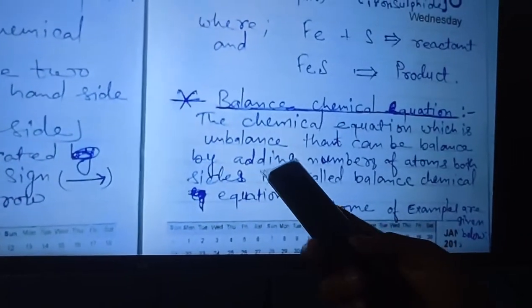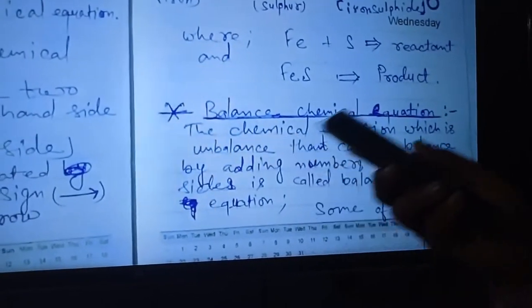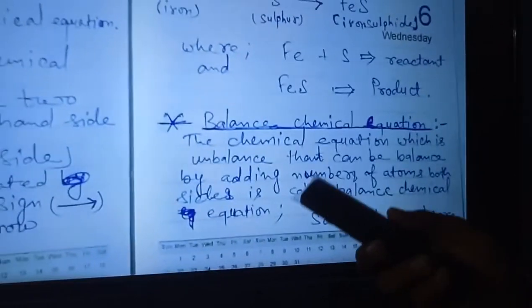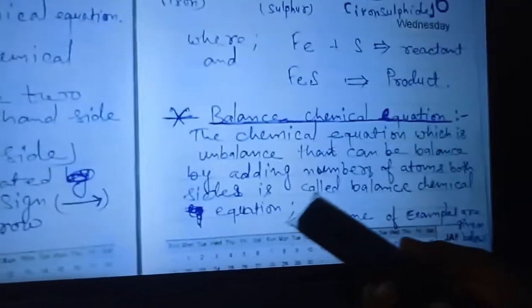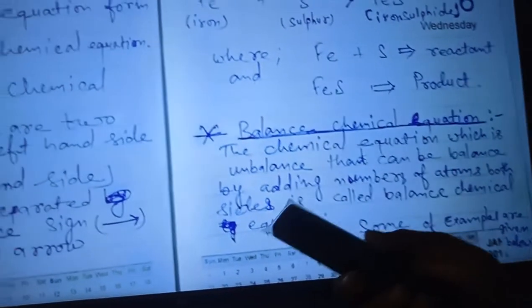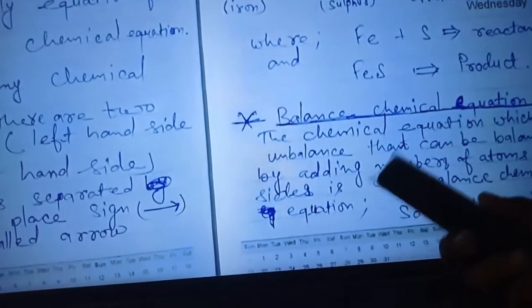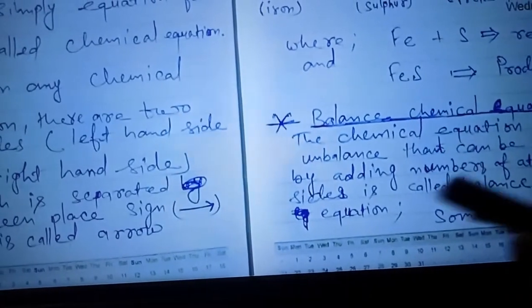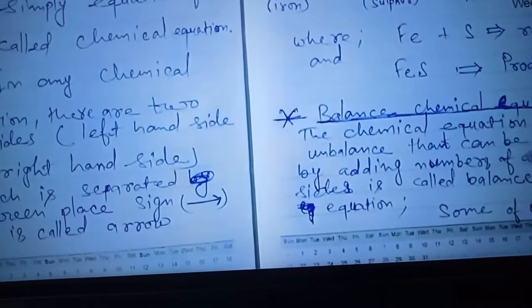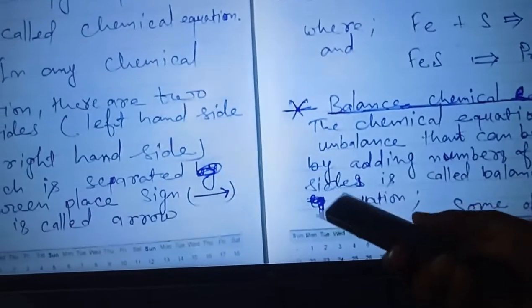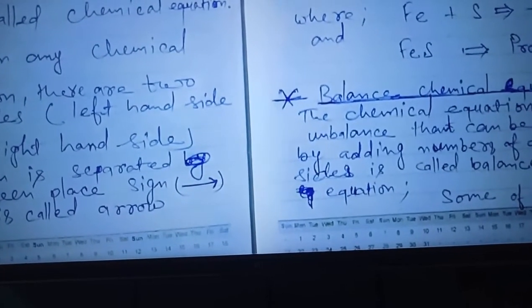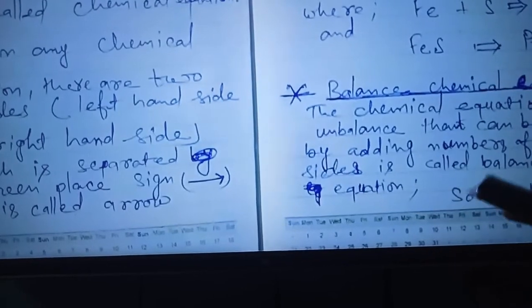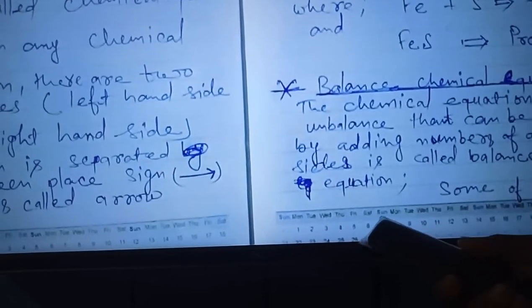Now we are going to study balanced chemical equations. What is a balanced chemical equation? The definition, which is easier to learn, is this: a chemical equation which is unbalanced can be balanced by adding numbers in front of atoms on both sides, and is called a balanced chemical equation.